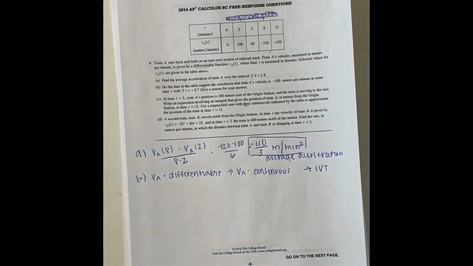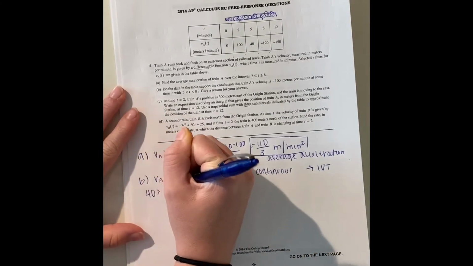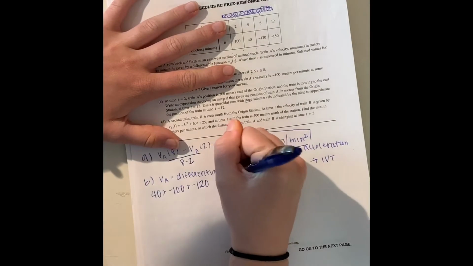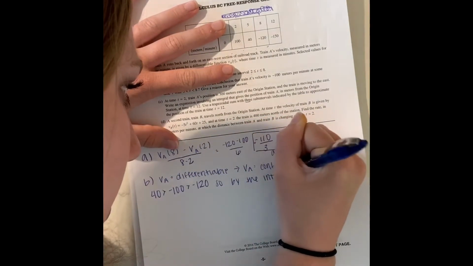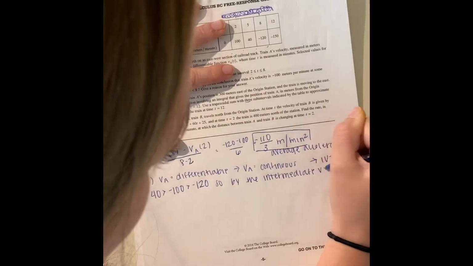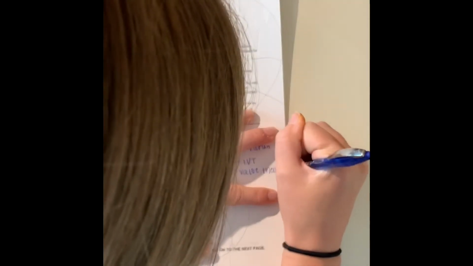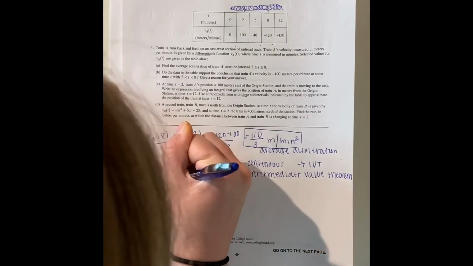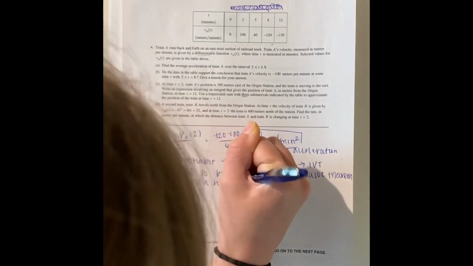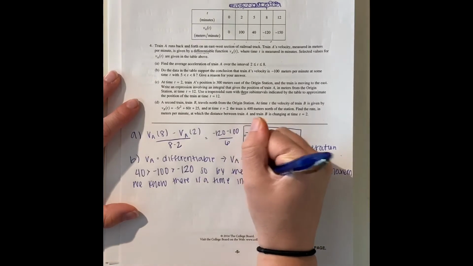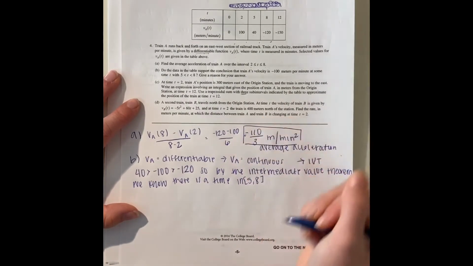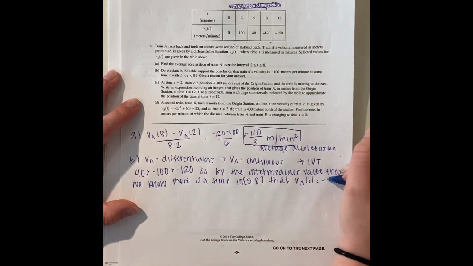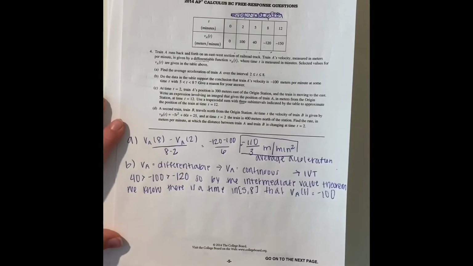Because 40 is greater than negative 100, which is greater than negative 120, by the intermediate value theorem, we know there is a time in (5, 8) at which the velocity is negative 100. That is our answer for B.